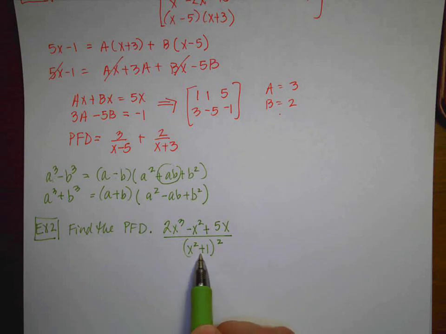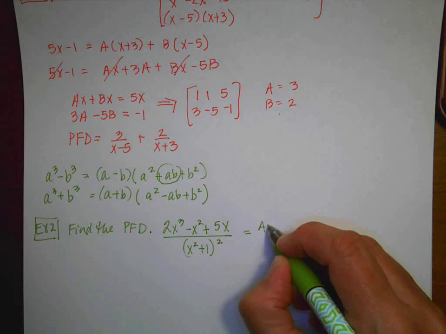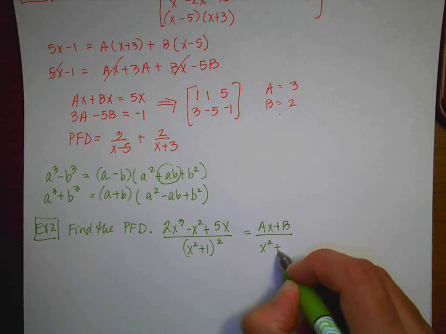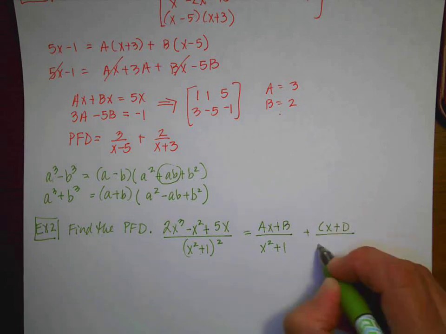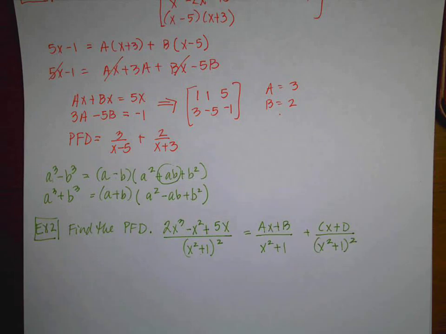This is irreducible over the reals, because if I solved, I would get an i, but it's also to a power. So when I set this up, it's going to be Ax plus B over the first power, and then Cx plus D over the second one squared.